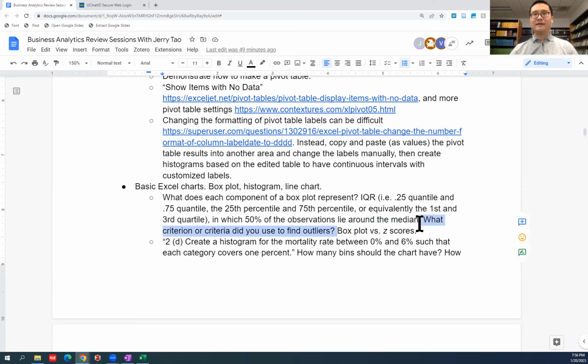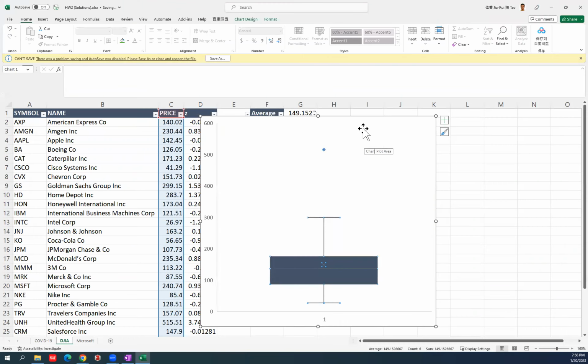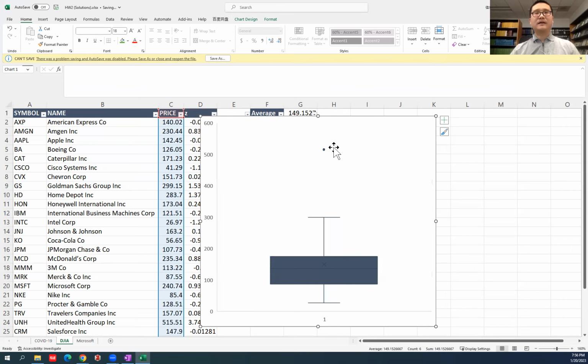Well, I have one for you. What criterion or criteria did you use to find outliers? Other than, as you said, that it's represented by a dot. Good point. So did you use this method? The chart. Yes, one way we can find outliers is through a box plot.